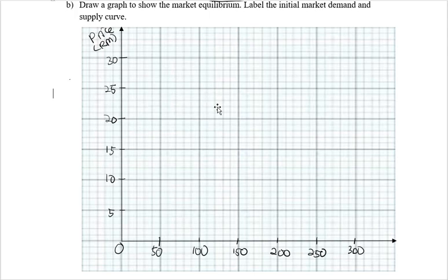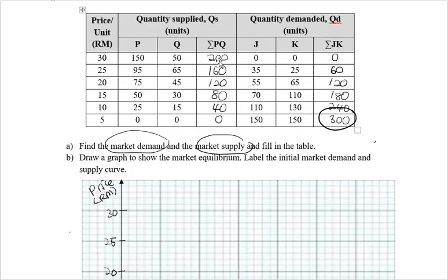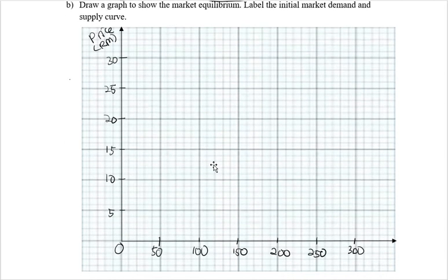Okay, so how to do the plotting? You start with the first curve, which is the supply curve. Okay, the market supply curve, which is here. So you are going to look at the price and the market supply. So when the price is at 5 ringgit, or you can start from the top.